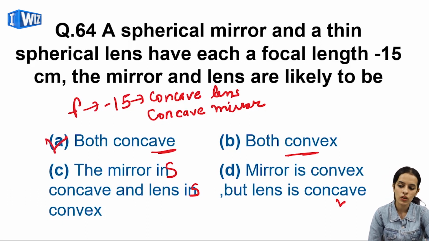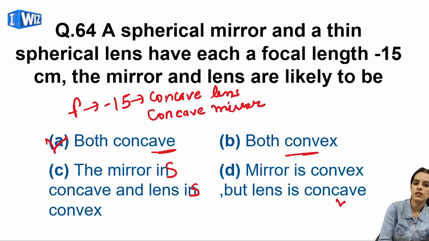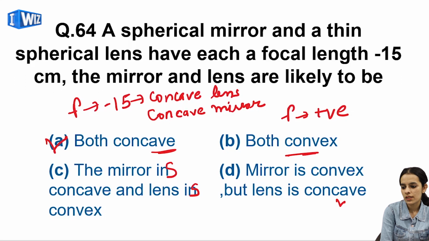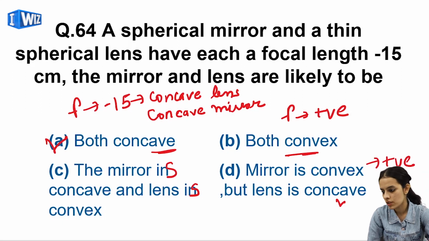Why is both convex not the right option? Because convex mirror and convex lens have a positive focal length. And if the mirror is convex but the lens is concave, the concave lens will give a negative focal length, and the convex mirror gives positive. So the right option is A.